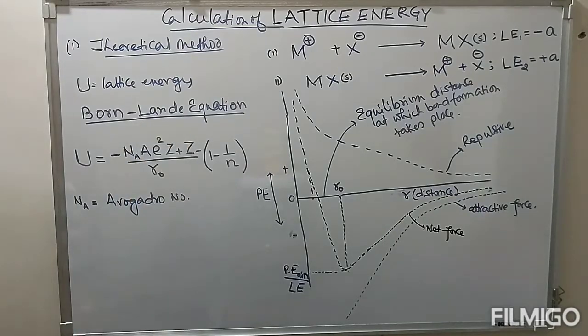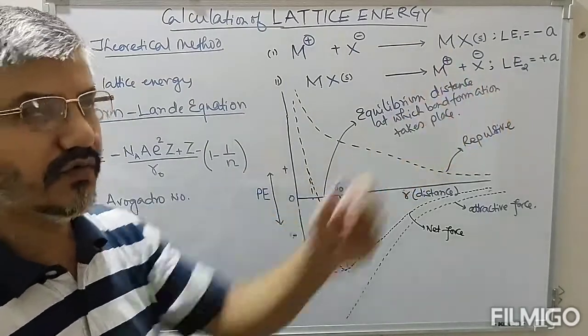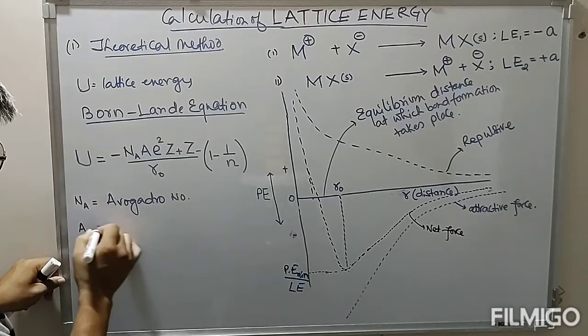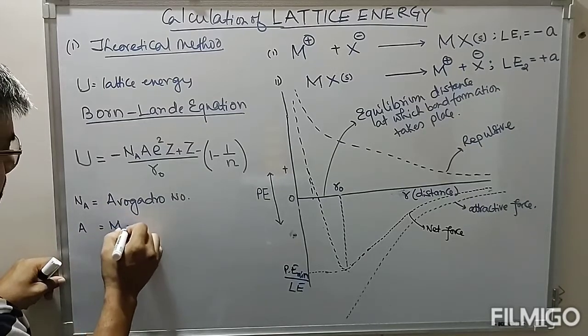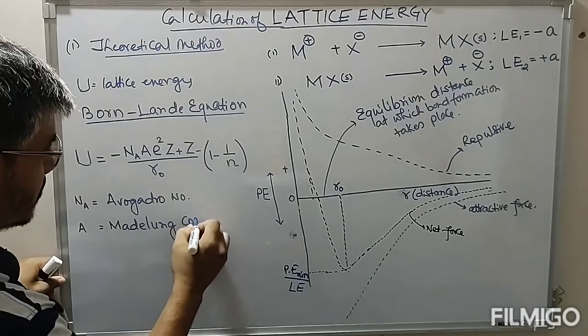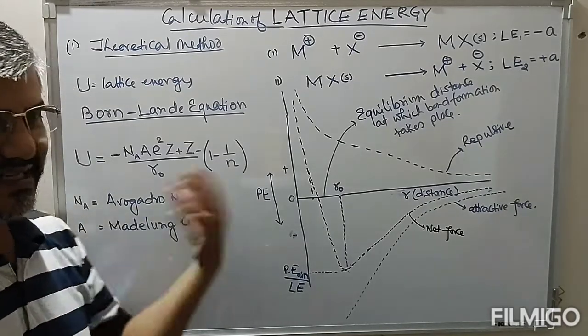Why are we using Avogadro number? Because this lattice energy is always defined for 1 mole of the ionic compound formation. So we have 1 mole. A is known as the Madelung constant. This is a constant which is specific for a specific crystal. So this A depends on the crystalline structure.